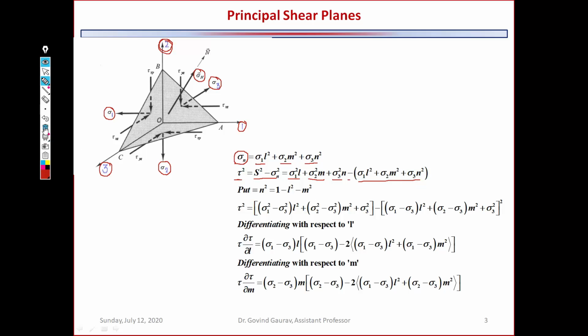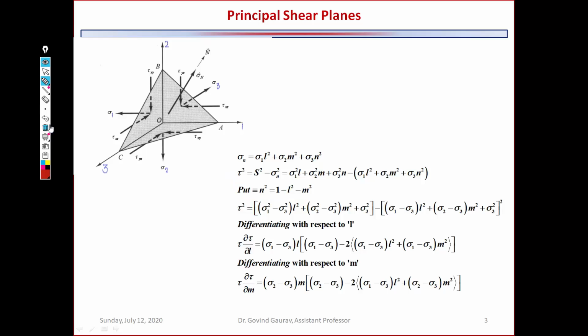And we know the relationship between the different direction cosines, which is l square plus m square plus n square is equal to 1. So we can put the value of n square is equal to 1 minus l square minus m square once in this equation. Second, we can put the value of m square is equal to 1 minus l square minus n square, and next we can put the values one by one.